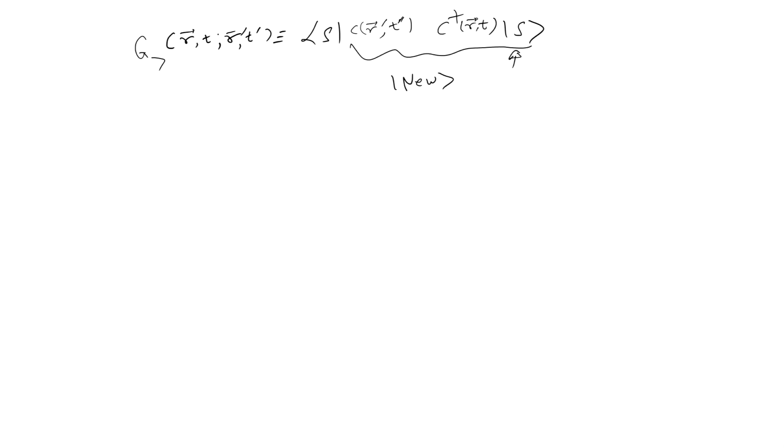Having done that, you end up with a new state, because remember, if you take a state and you add a particle to it at some location at a certain time, you are basically significantly disturbing that system.